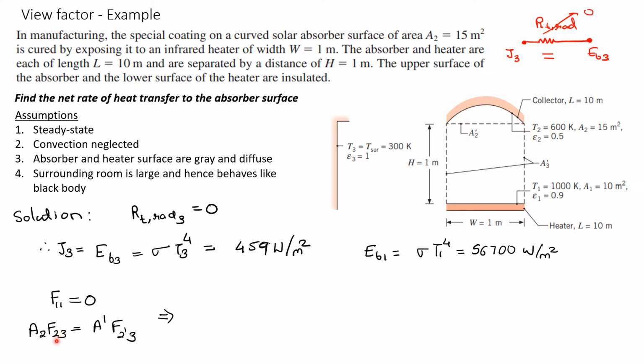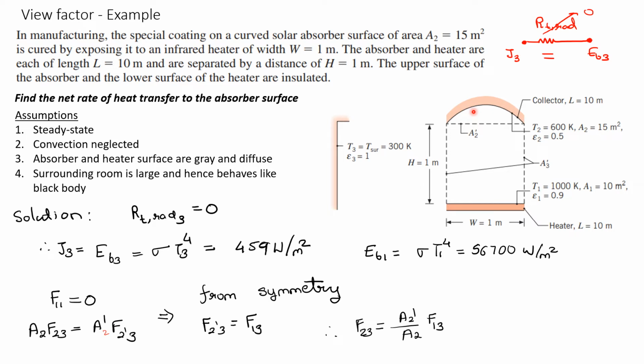Okay, that's why we can make this assumption, which is A2 F23 equals A2 prime F2 prime 3. So whatever radiation is emitted is intercepted by the dashed line A2 prime as well. Okay, so that's why we can write this relation right here.